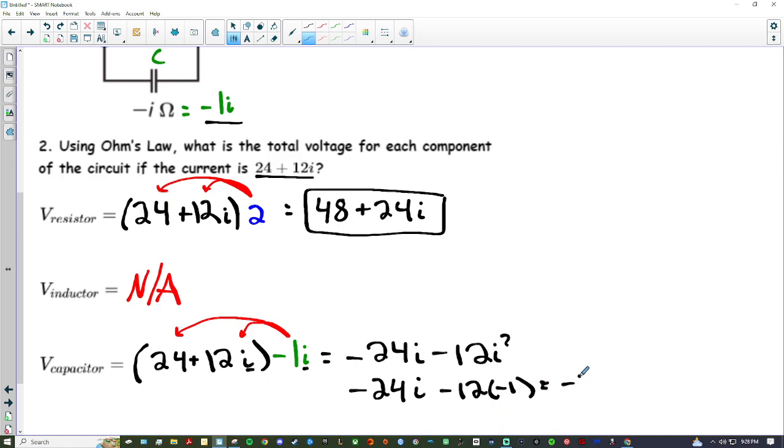So we have negative 24i plus 12, because a negative times a negative is positive. Reordering this, we just flip these around. We have 12 minus 24i.